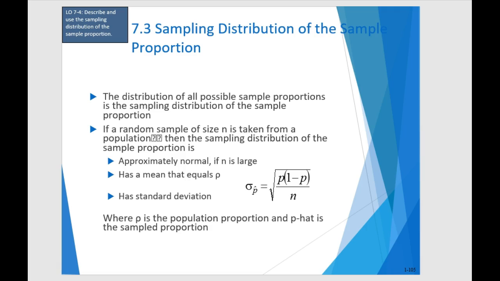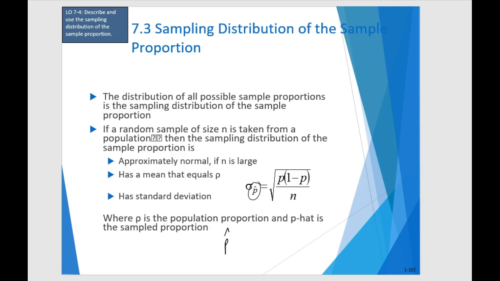This thing right here is p hat. So it's sigma p hat, and that's equal to the square root of p times 1 minus p over n.